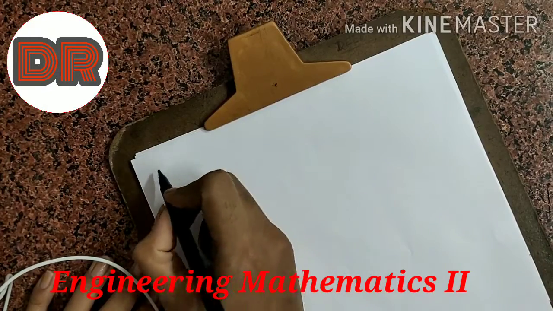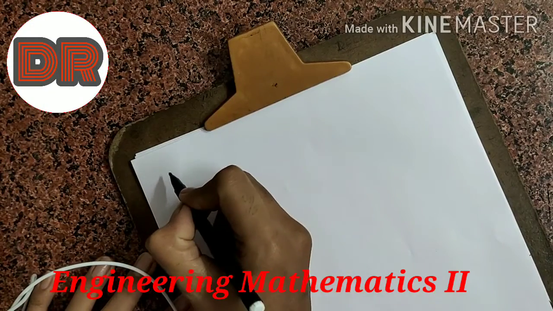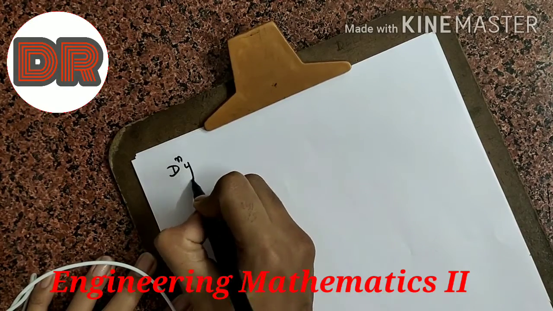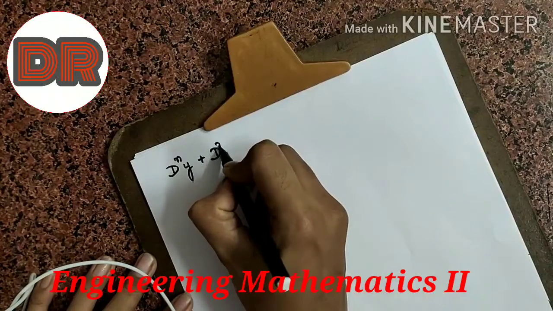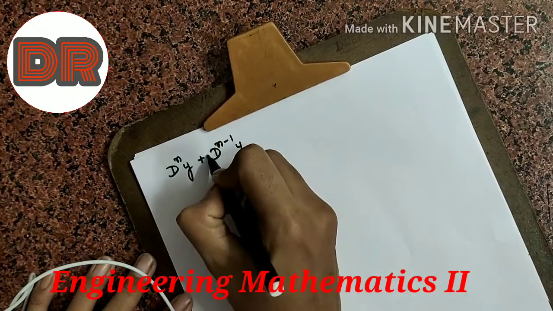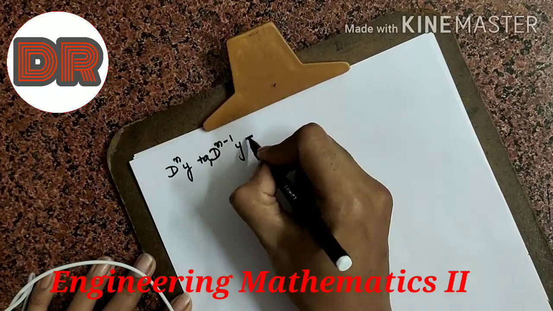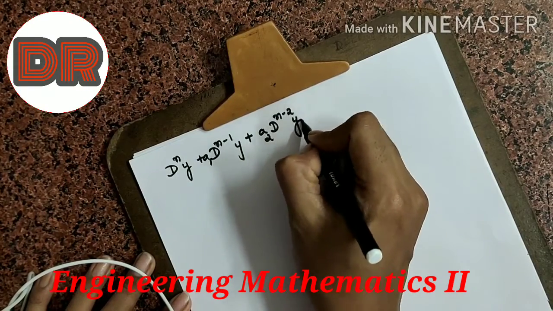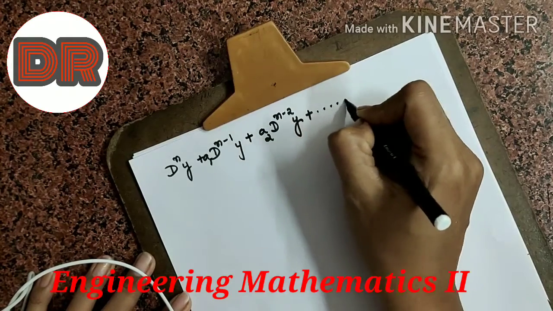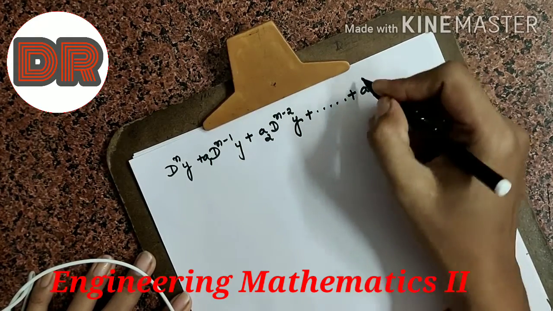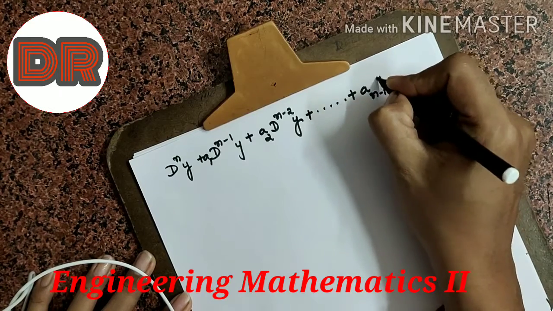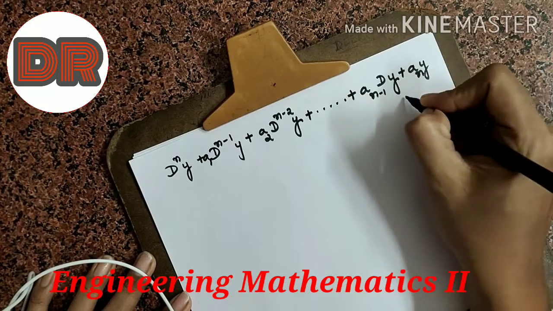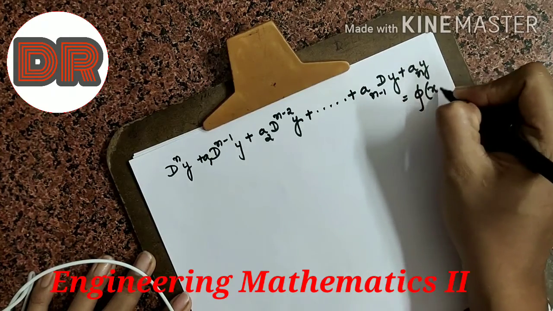the standard differential equation in terms of differential operator can be written as d^n y plus a1 d^(n-1) y, where a1 is a constant, plus a2 d^(n-2) y plus, and so on, a(n-1) dy plus an y is equal to phi of x.